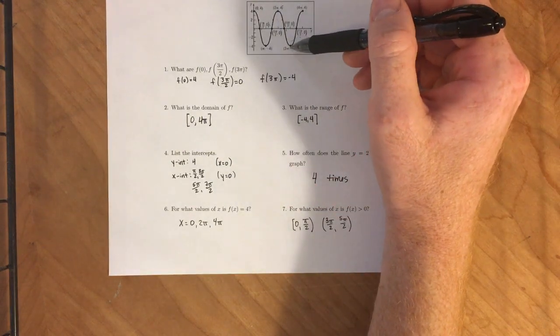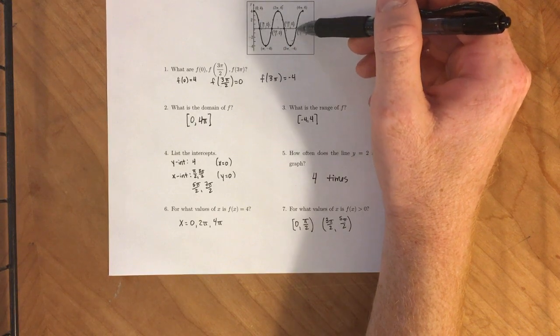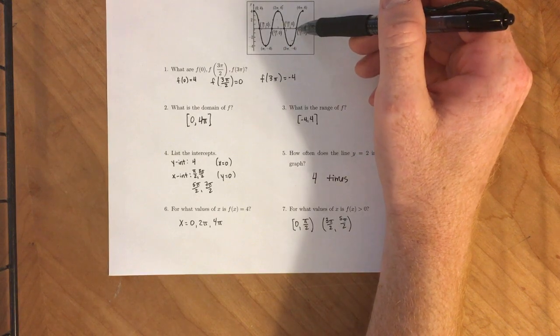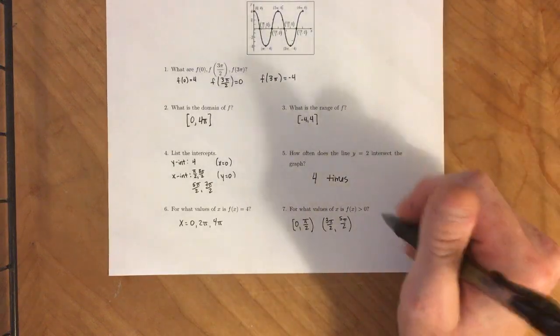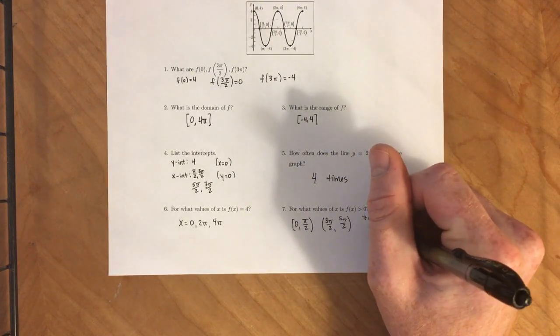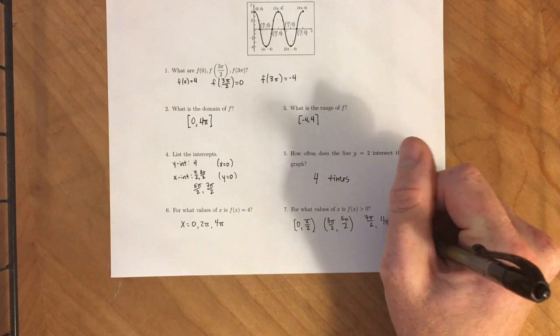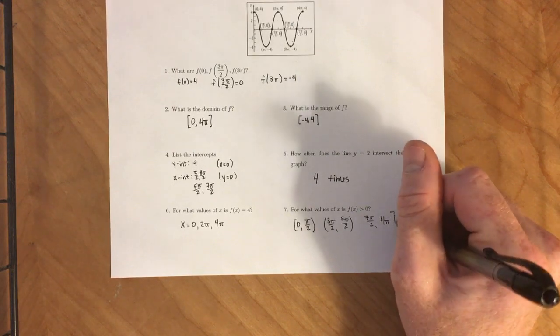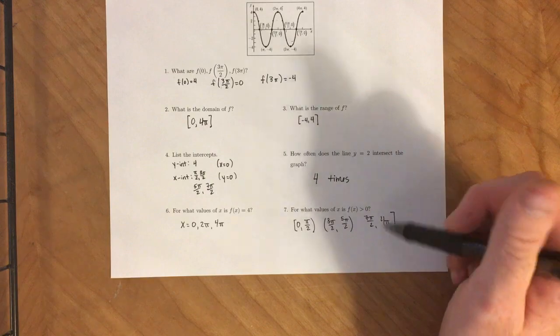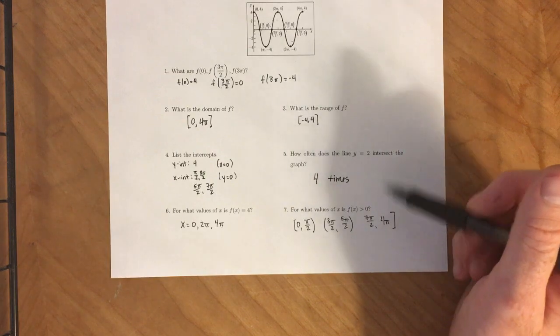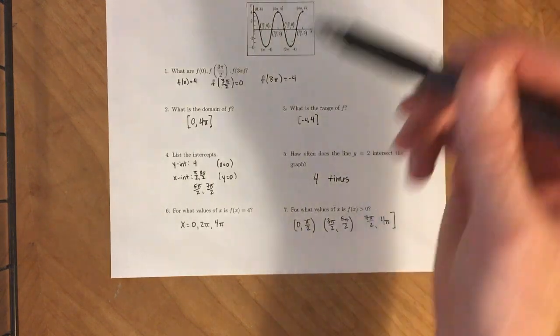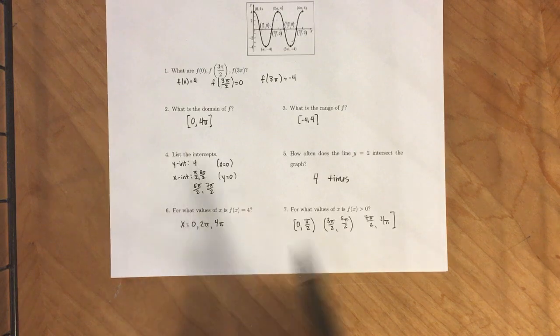Then we're negative between 5 pi over 2 to 7 pi over 2, but then from 7 pi over 2 out to 4 pi, we're positive again. We want to include 4 pi because f of 4 pi is equal to 4, which is part of what we answered over here.